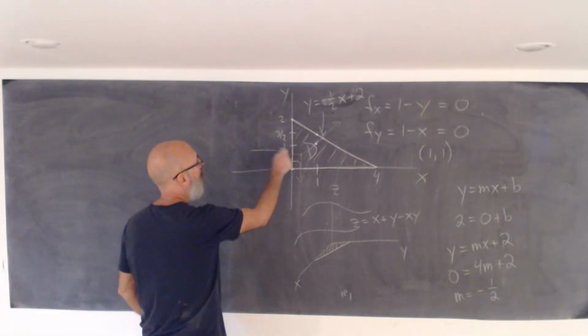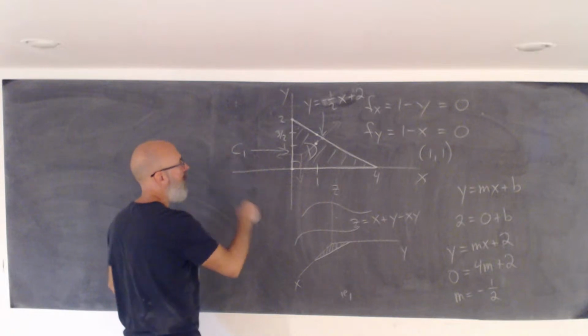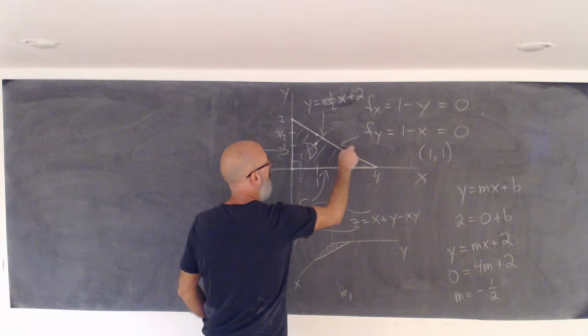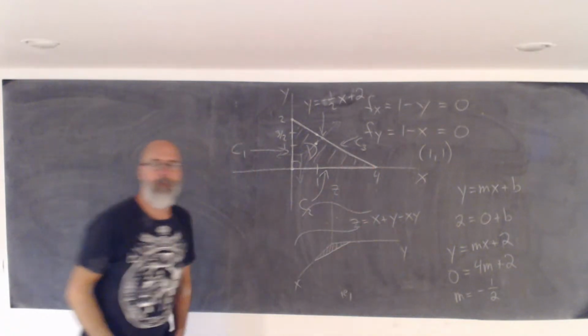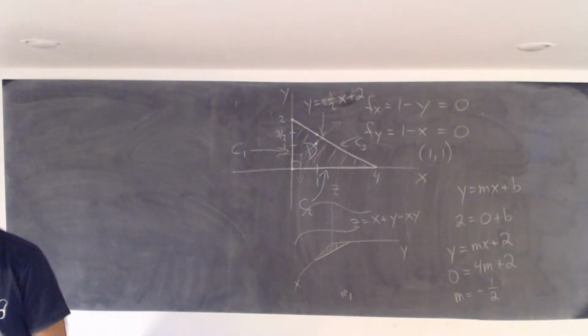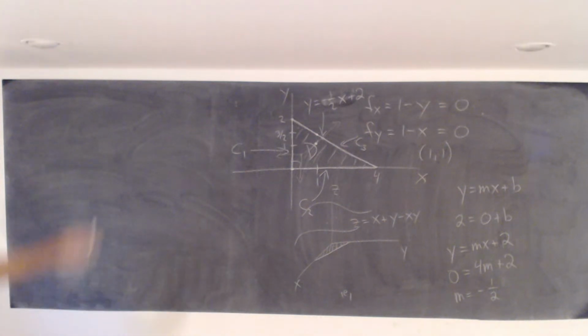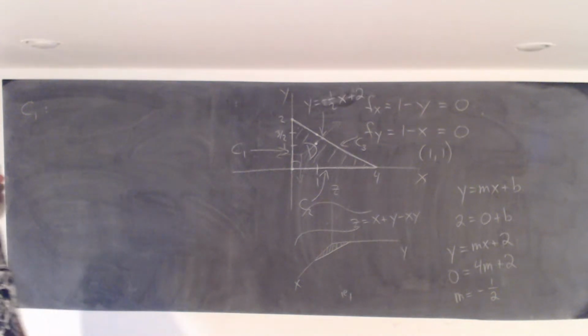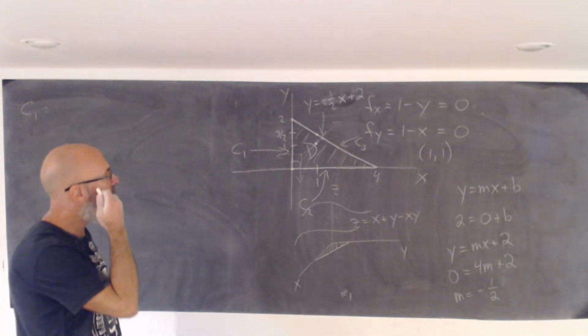So let's call this C1, C2, C3. And let's look at C1. What is C1?